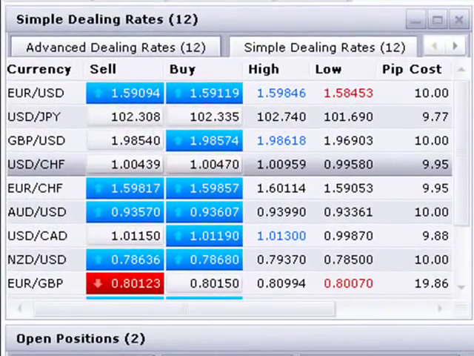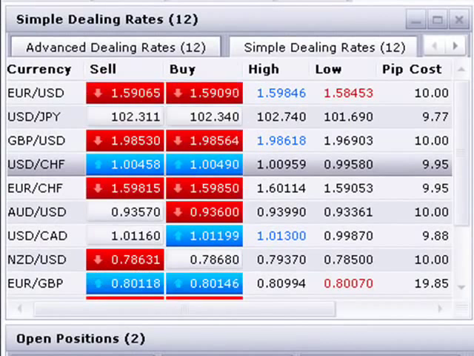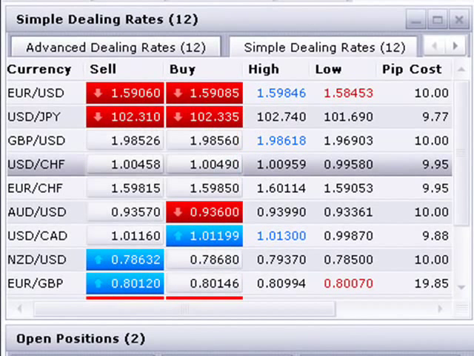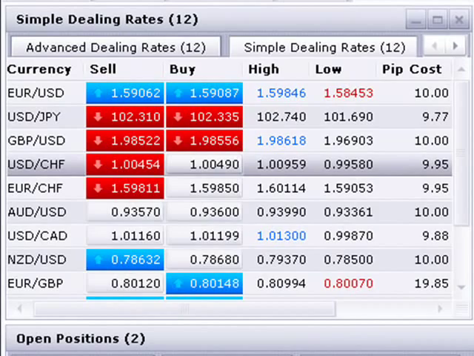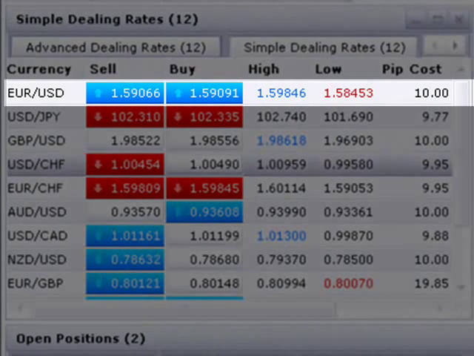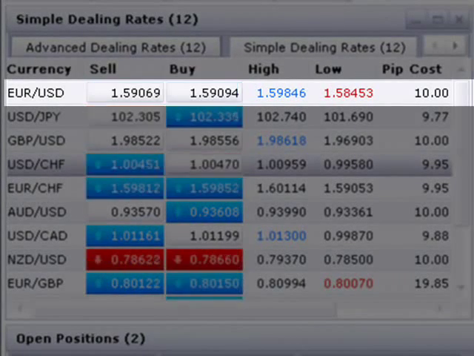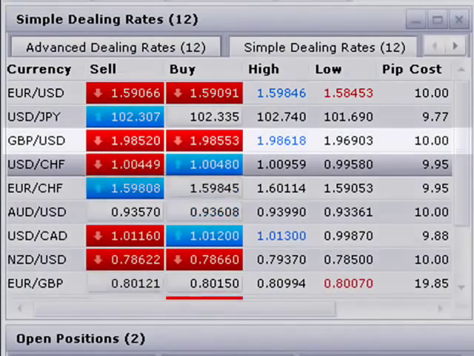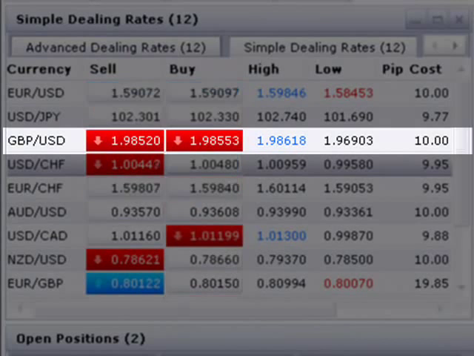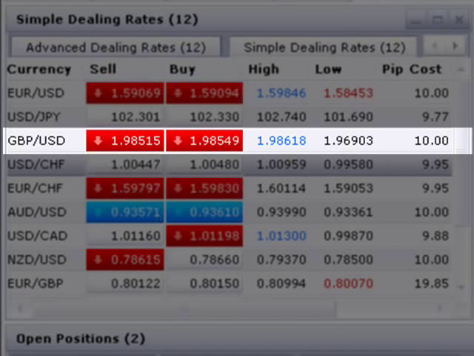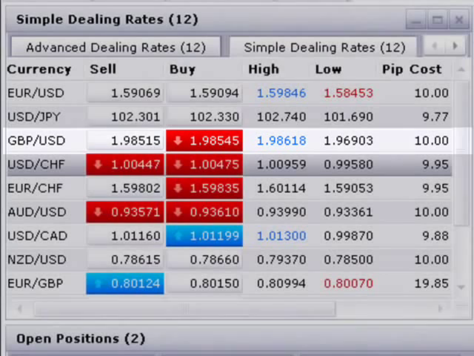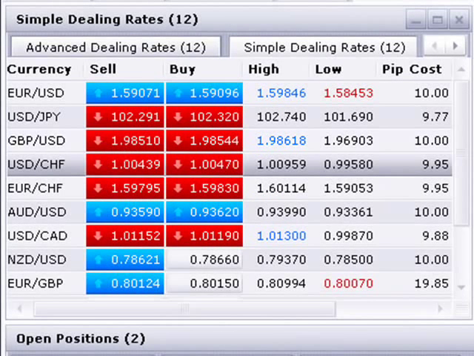As you'll notice if you scroll down the pip cost column of the real-time demo trading platform, the value of a 1 pip move in currency pairs where the US dollar is the counter or second currency in the pair is always $10. This is because, as we've learned in earlier lessons, a currency quote represents how many of the second currency in the pair it takes to buy one of the first currency.